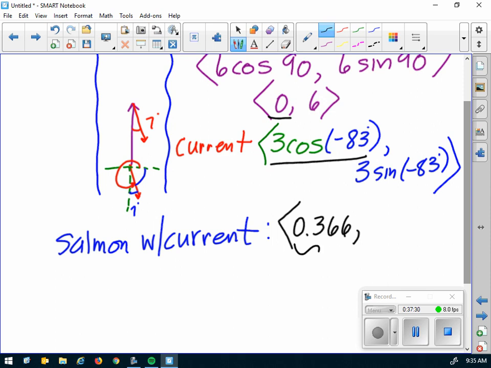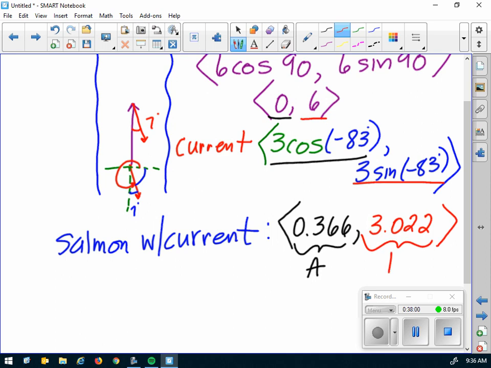Store that in A. Your vertical component is this plus this. Give me a number. 3.022. Store that in B.